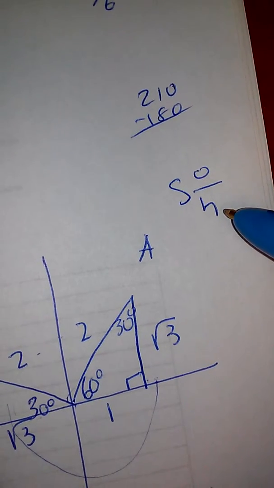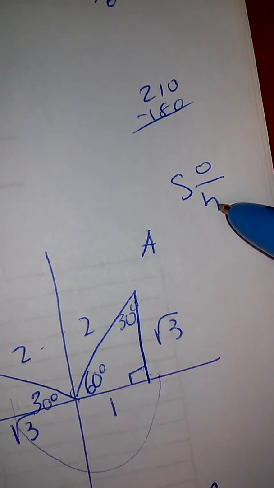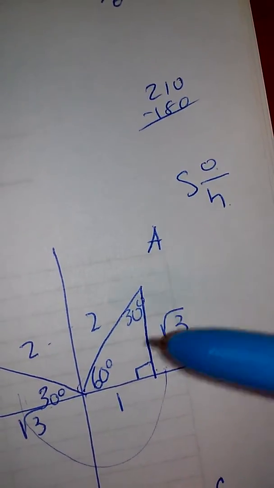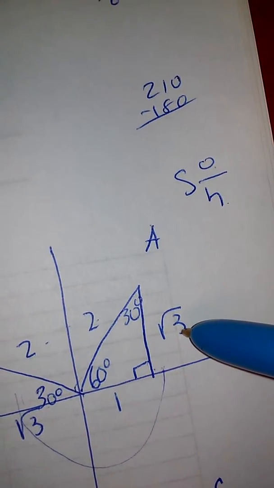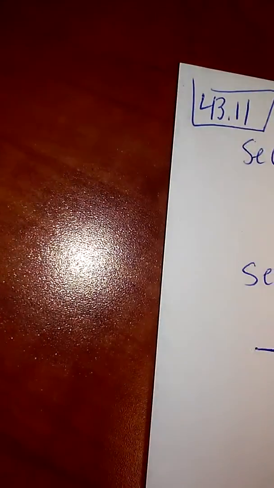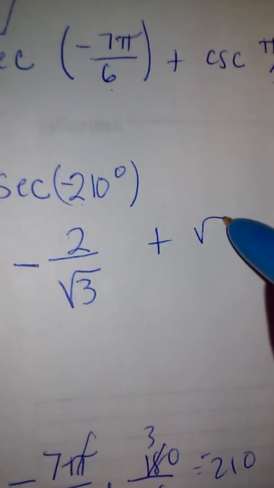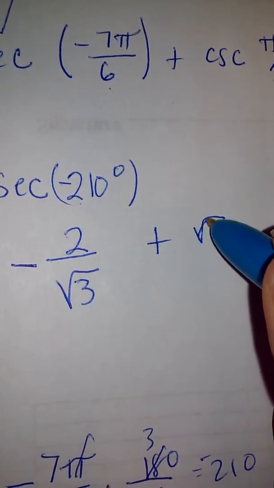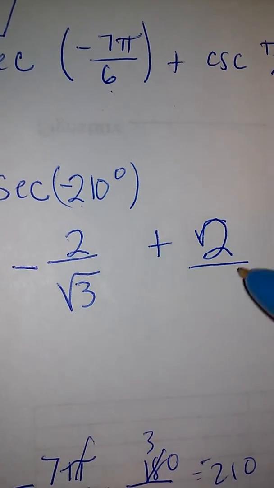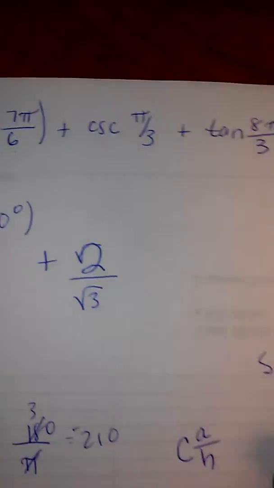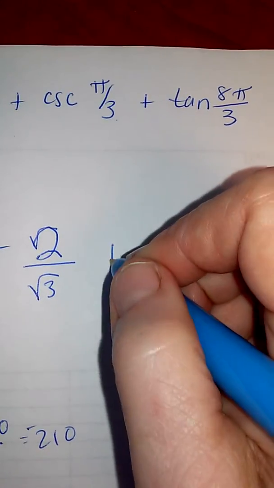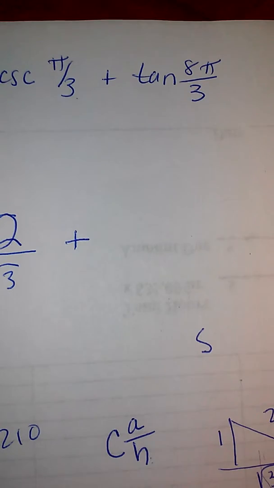Cosecant goes with sine, and sine is the SO of SOHCAHTOA. For the reciprocal I go hypotenuse over opposite, so 2 over root 3, and it's positive. Look, they're going to cancel out. But then I have plus tangent of 8 pi over 3.